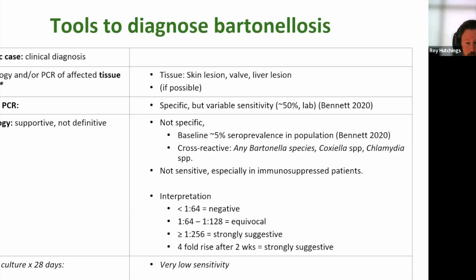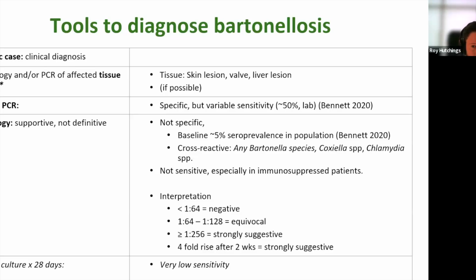And so in these cases, we rely mainly on PCR of blood and serology. However, these are also fraught with some difficulties. Blood PCR is specific, but has variable sensitivity depending on the lab. On average, roughly 50%. And serologic tests are supportive, but not definitive.